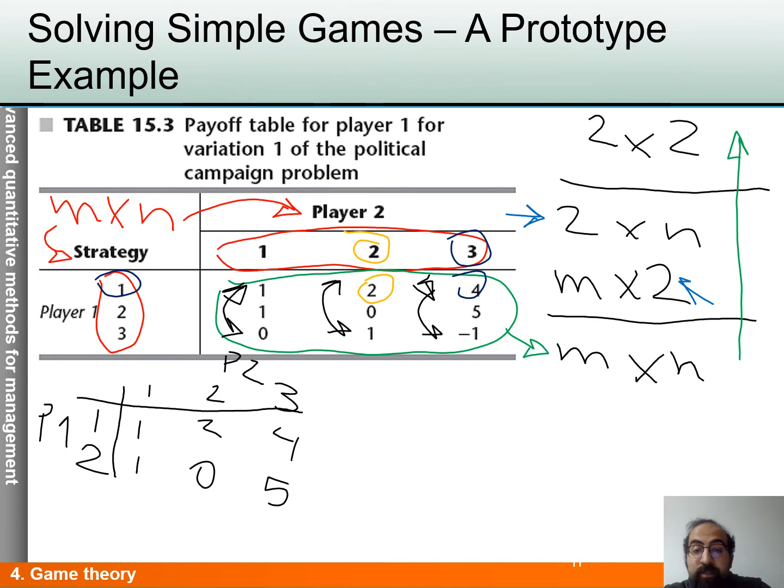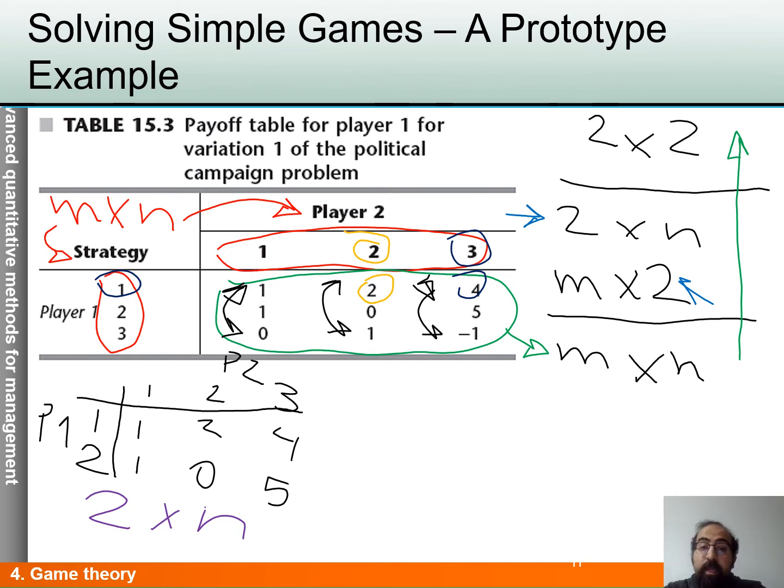What just happened? As you see here, now we have a table of size 2 multiplied by n. Instead of applying linear programming, I can solve this example with the graphic solution, which is easier for me.